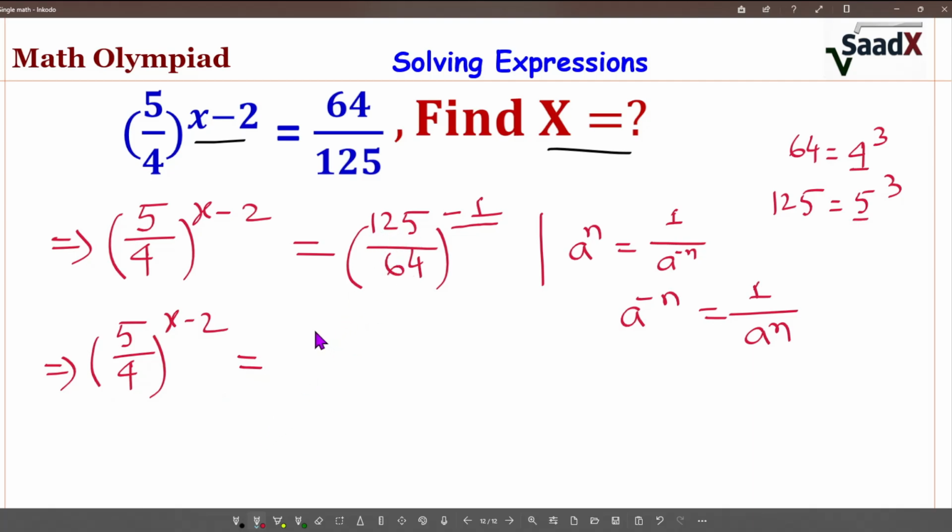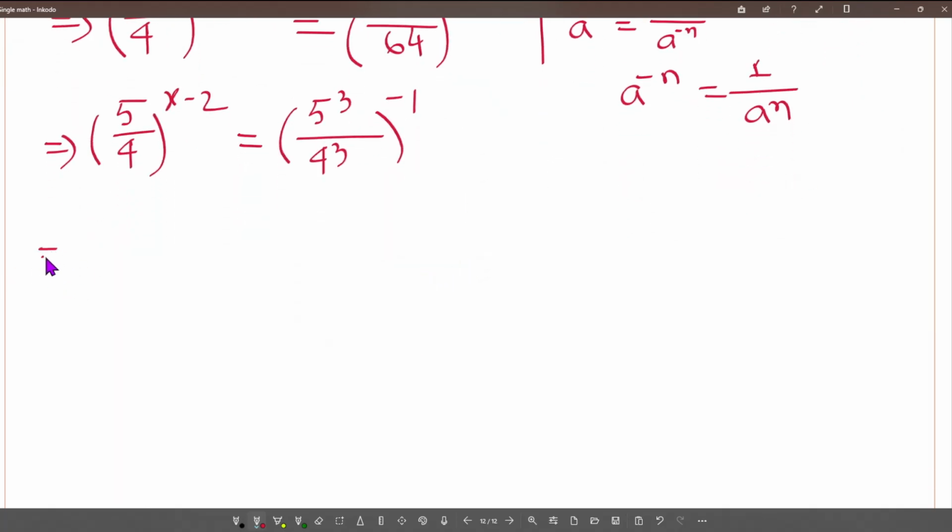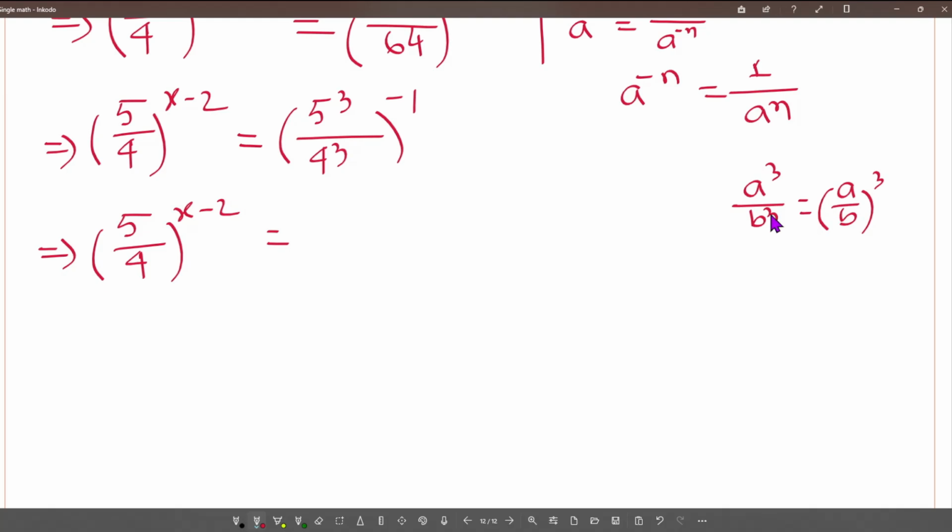125, we can write 5 cube, 64 we can write 4 cube, to the power minus 1. Now (5 by 4) to the power x minus 2 equals this one. We know a cube divided by b cube, we can write (a by b) whole cube.